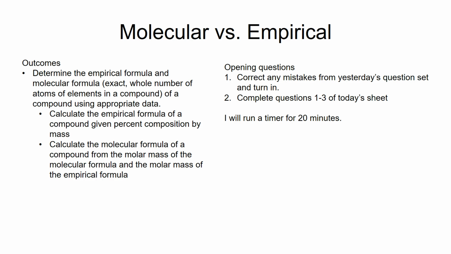For the most part, empirical and molecular kind of work together. Usually you'll have to solve an empirical problem before you can solve a molecular, and it's just the nature of the way it is. The way we would run this experimentally, we get a sample of a material. We can run it through an analyzer.